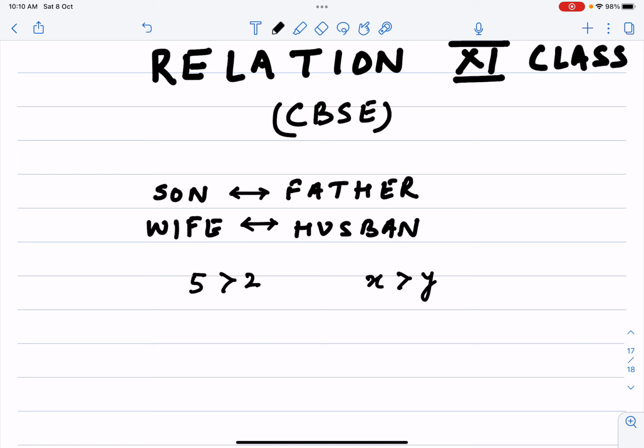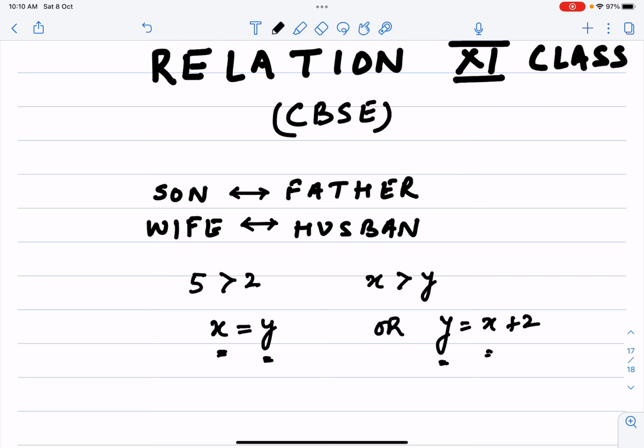Similarly, I can write x is equal to y, or I can write y is equal to x plus 2. So these are different relations between two variables x and y, right?